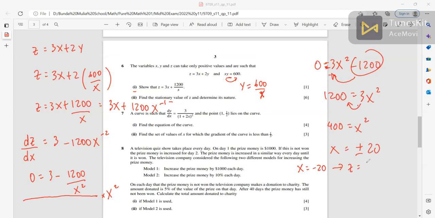the z will be 3 times minus 20 plus 1200 over minus 20. So it is minus 60, minus 60, so minus 120.